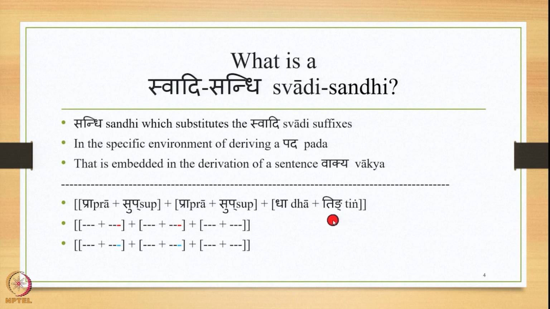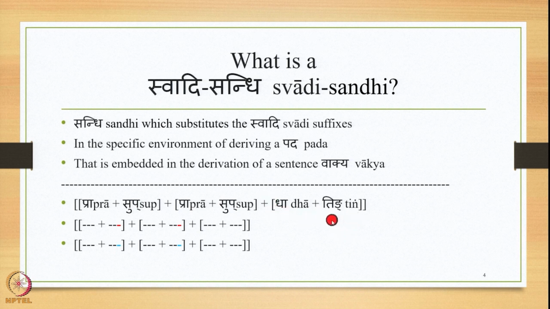The prakriti of this ting is dhatu. That is why this dhatu is also mentioned here by the initial sound dha. The remaining padas, they are all subantas ending in sup. And the prakriti for the sup is pratipadika, which is mentioned here by the initial sound pra. So, pra plus sup plus pra plus sup plus dhatu plus ting.